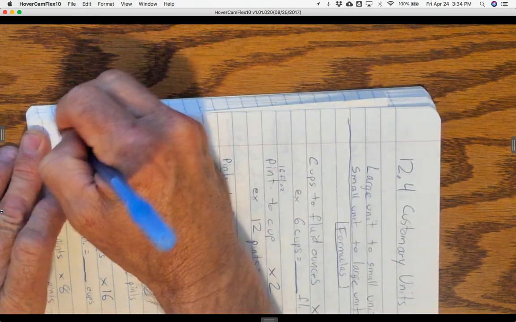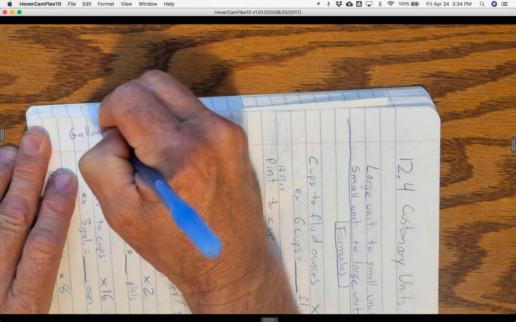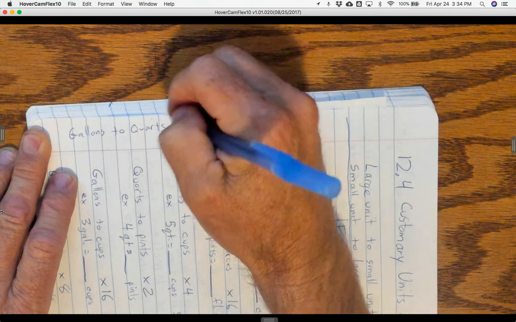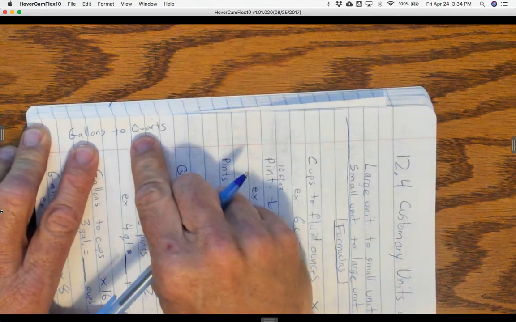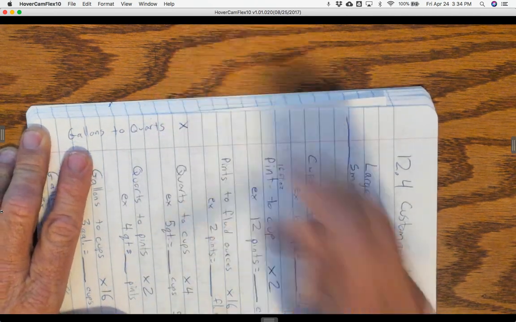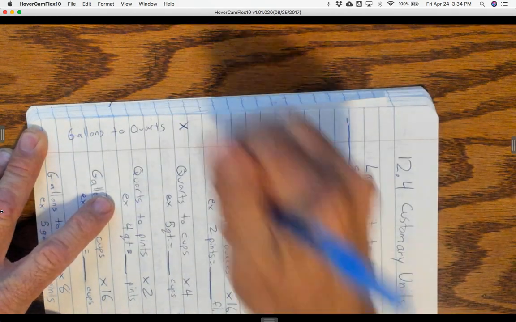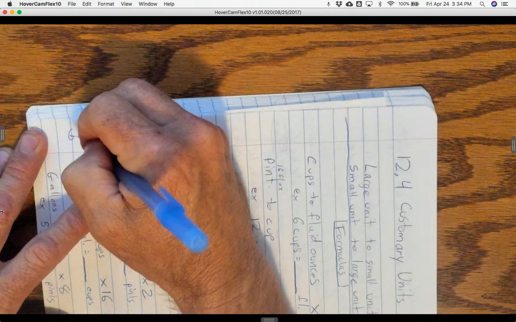Now we're going to go gallons to quarts. Large gallon, smaller quart. Times. How many quarts in 1 gallon? 4 quarts in 1 gallon, so 4 is our magic number.